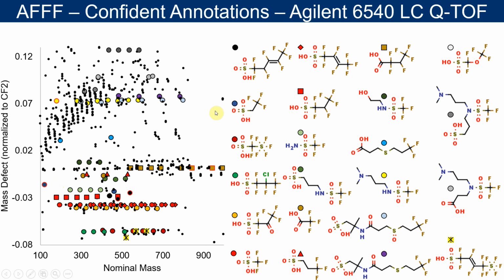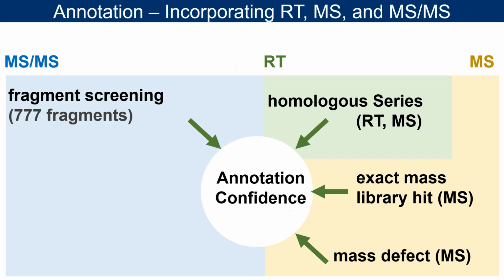And so that's what FluoroMatch does. And so your feature table is nicely organized by different types of PFAS series with evidence for each member of those series. Now, using exact mass and even retention time order alone will not give you a structure.